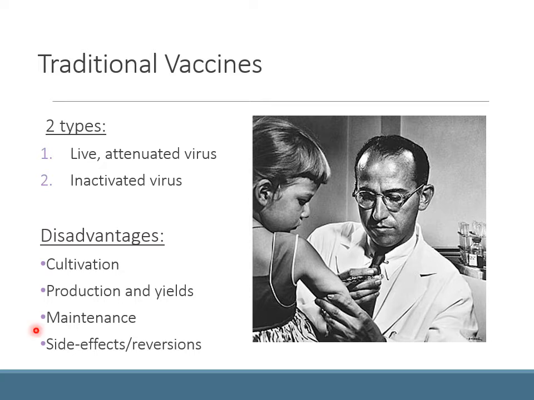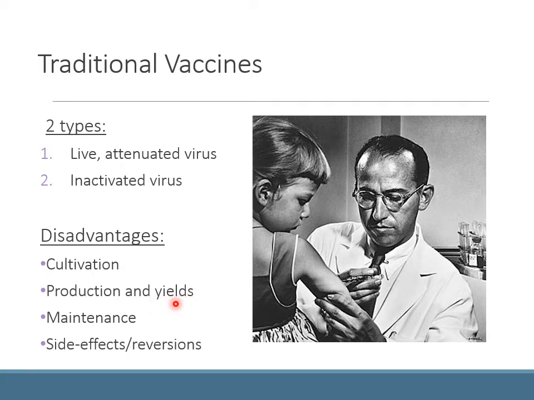The viruses in both these cases need to be cultivated, so that can be time consuming, involve a lot of resources, and be labor intensive. Production, if you need large amounts of viruses to vaccinate lots of people.